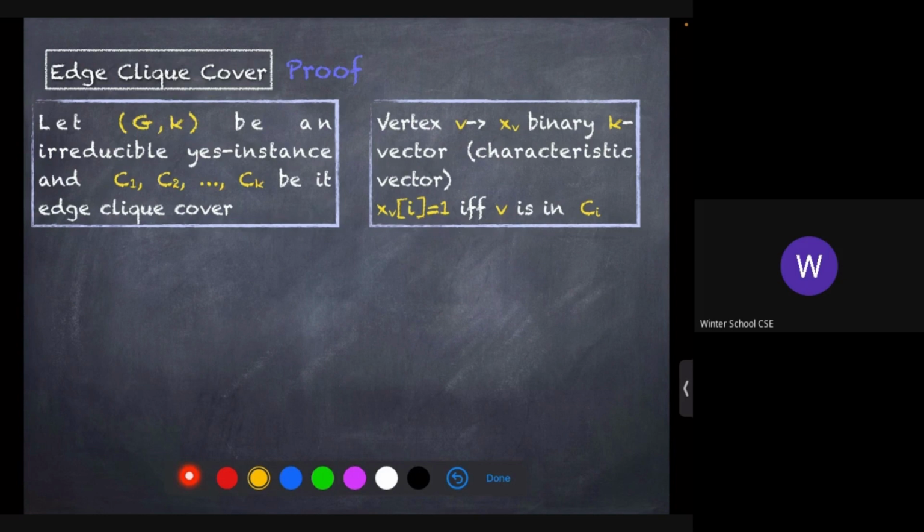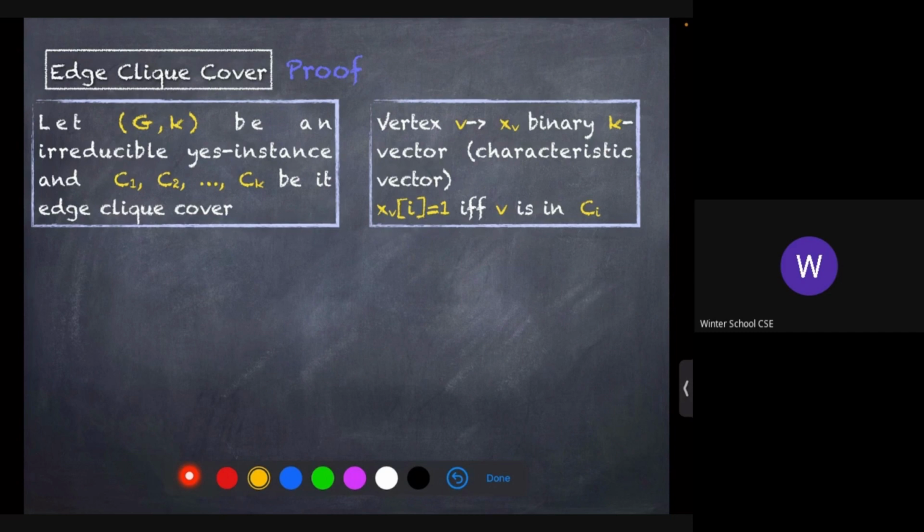I construct the following binary vector for every vertex v, a k-dimensional vector. Basically, it's a characteristic vector: the coordinate i of the vector x_v is 1 if and only if the vertex v is contained in the click c_i.